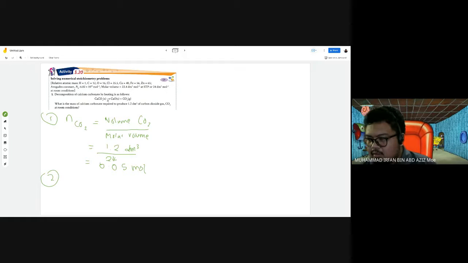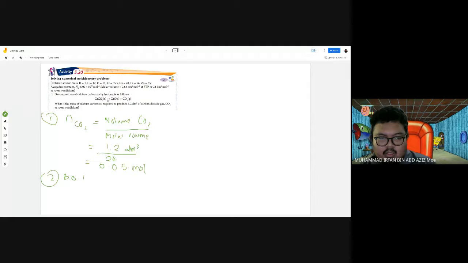What is 5 g? Okay, based on the chemical equation, kita boleh find apa? 1 mole of CaCO3 react with, okay, kita tulis kat sini lah. Cikgu tulis.